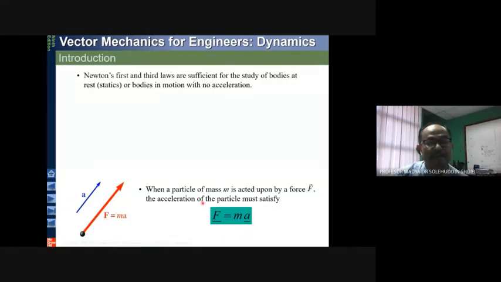A particle of mass m is acted upon by a force F. The acceleration of the particle must satisfy this equation, which is force equal to mass times acceleration.